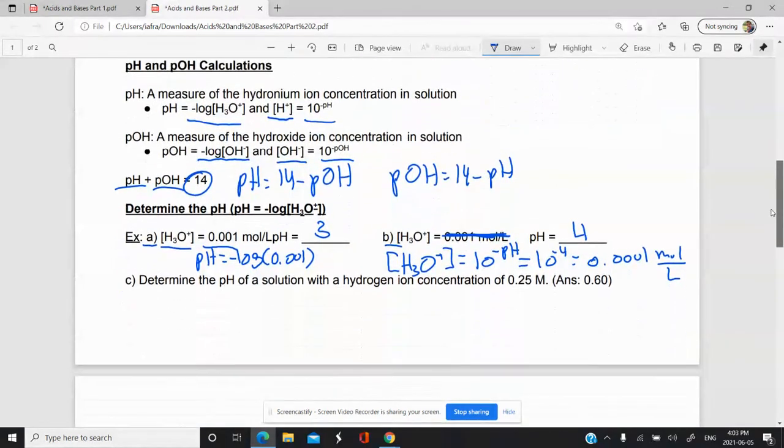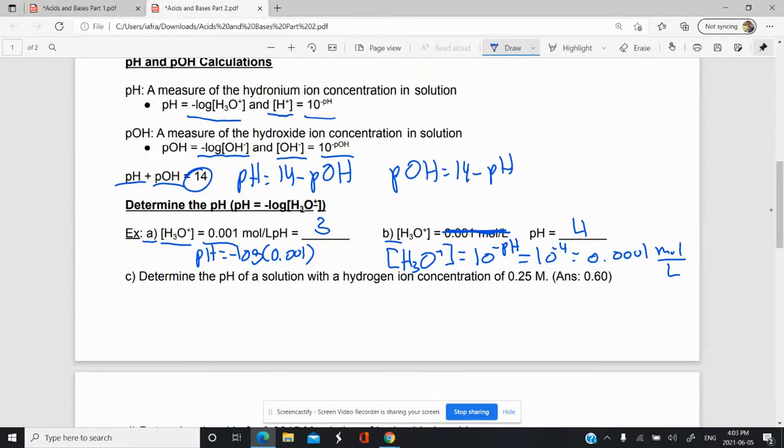Let's do one more where we have to find the pH from the concentration of H3O+. So here's H3O+ here. Let's say the concentration is 0.056 molar. Try to find the pH, so you can try it out yourself, and then I'll put the answer there.